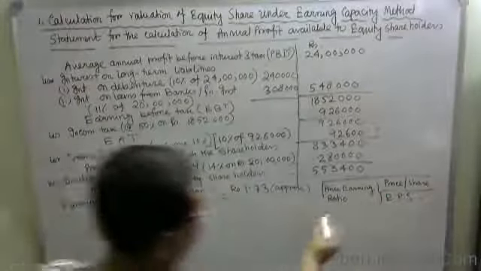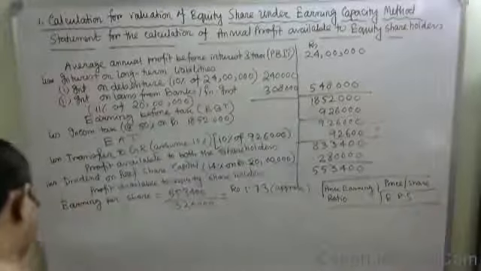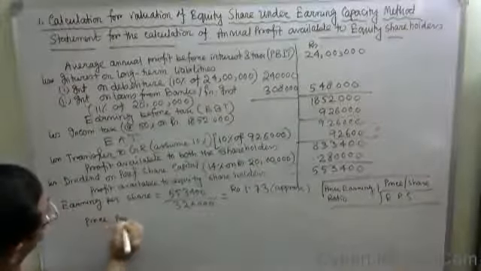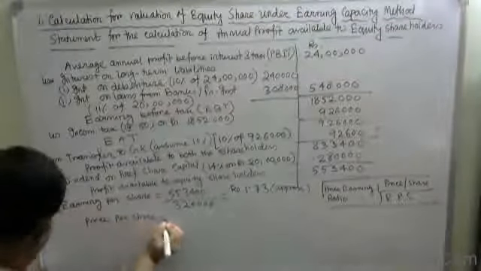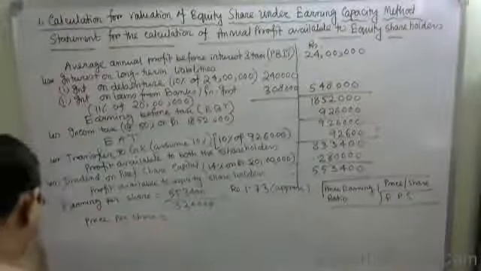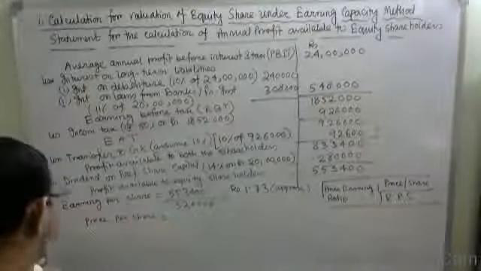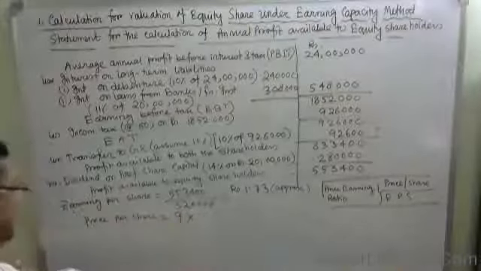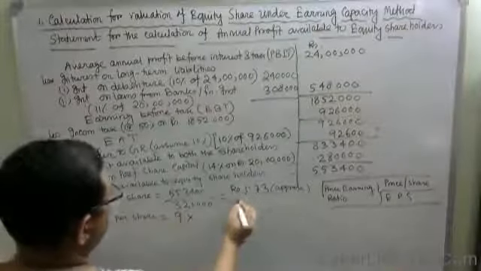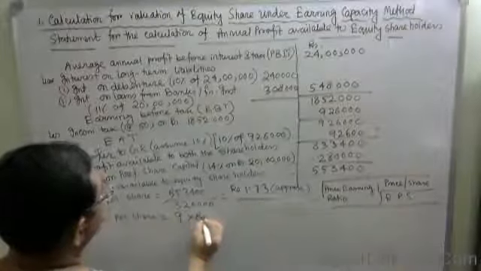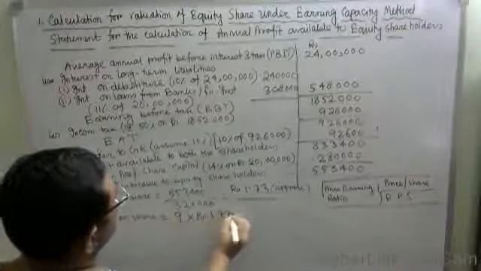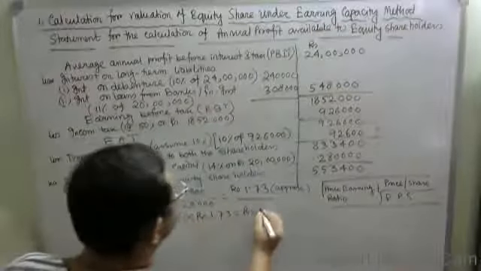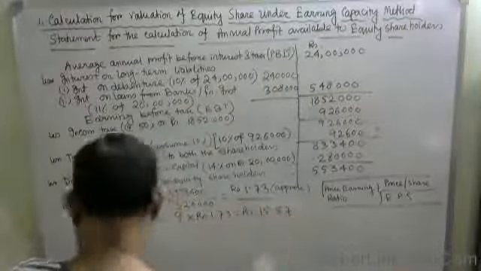So price per share equals price earning ratio, which is 9, multiplied by earning per share, 1.73 rupees, which equals rupees 15.57.